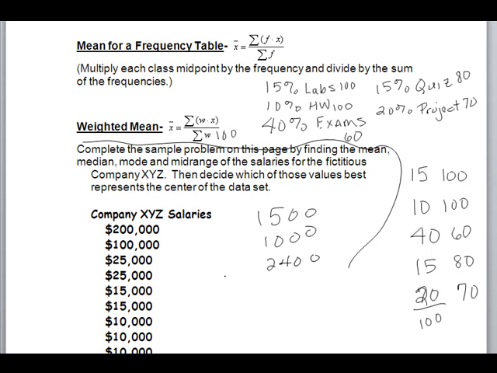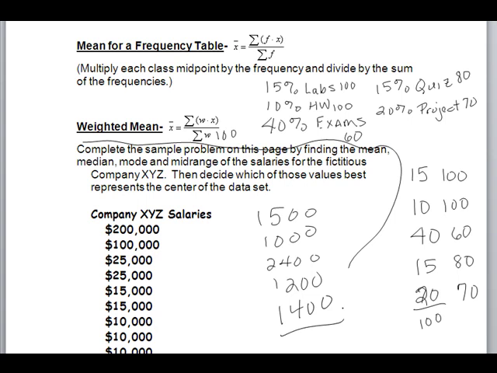So we want to add these up. This will be the way that I calculate your grade. 2,400 plus 1,200 plus 1,400 is 7,500. That's our numerator.